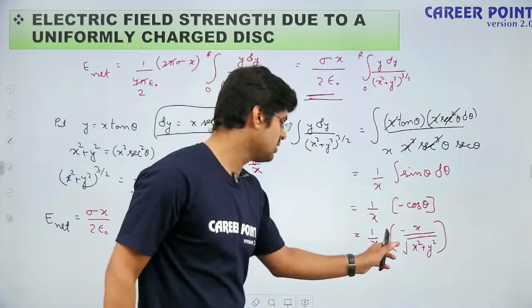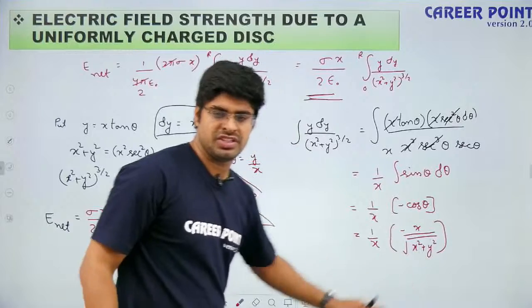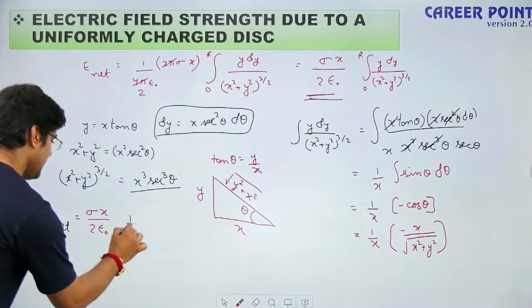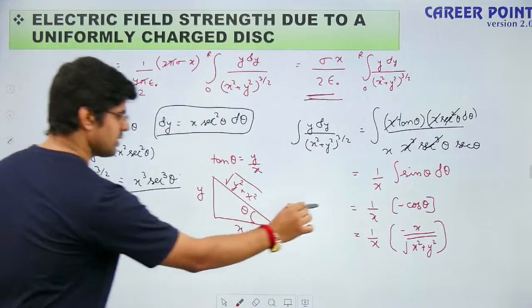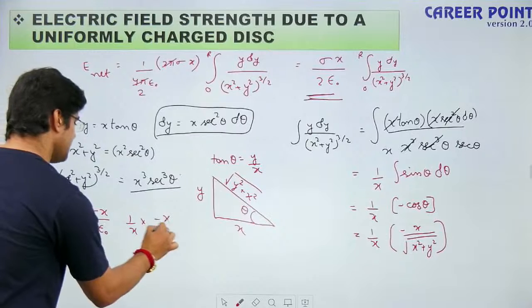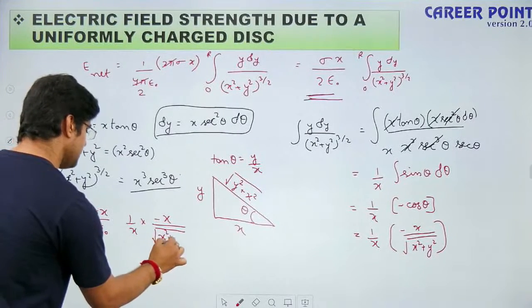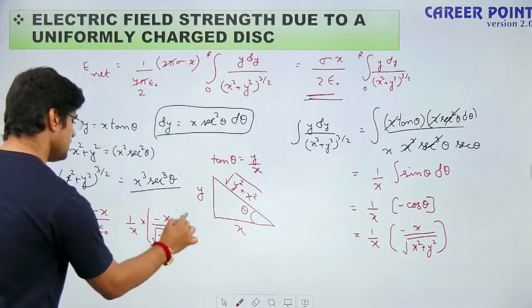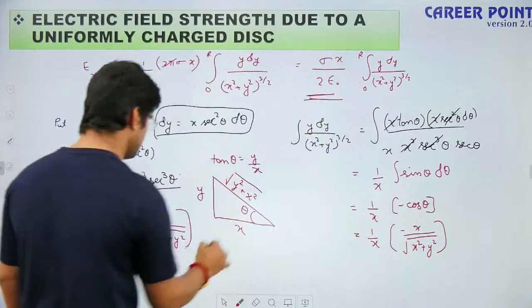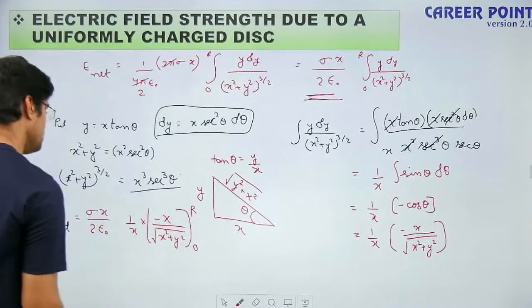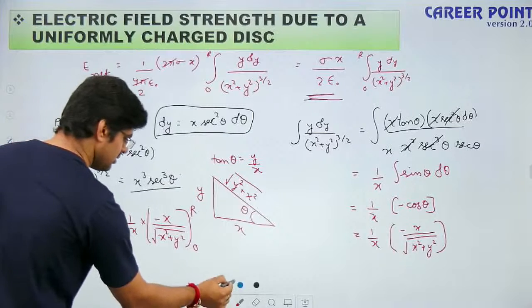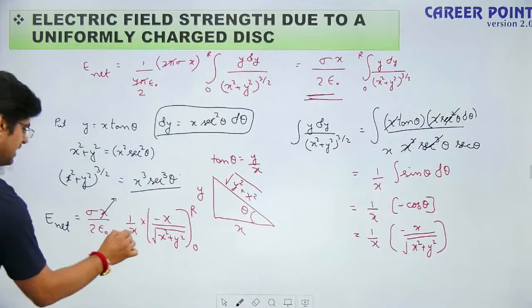What is the value of the integral? We have already calculated, 1 by x into minus x upon under root x square plus y square, and the limits are from 0 to capital R. So from here we can cancel x and x.